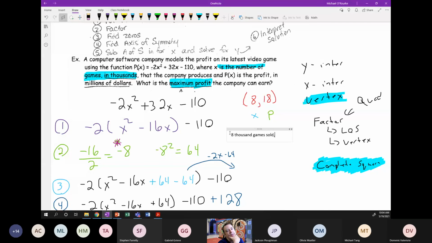So how much profit in millions did they make? Profit in millions, right? So P is our profit in millions, knowing that's our P number, and this was our 18 million. Good.